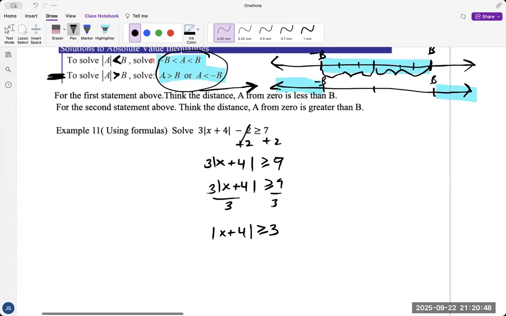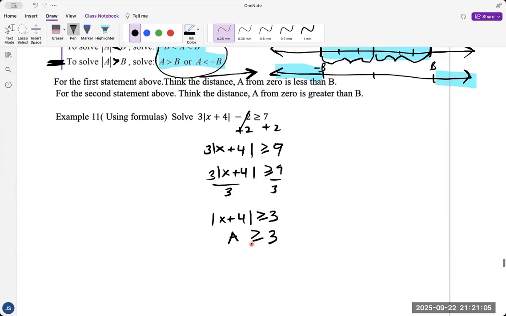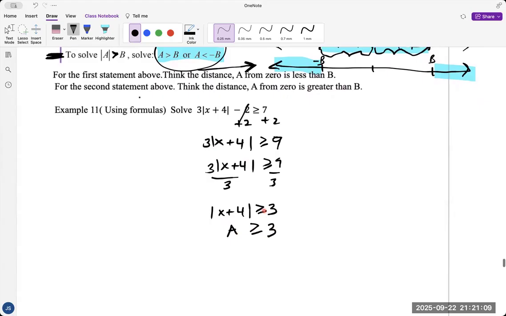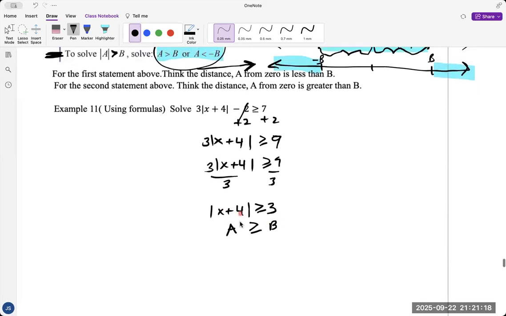So what I need to do is write down exactly these expressions. It's greater or equal, but it doesn't matter. It's going to be the same equations, just with the greater than or equal to symbol. So my B is 3, and the A is x plus 4.